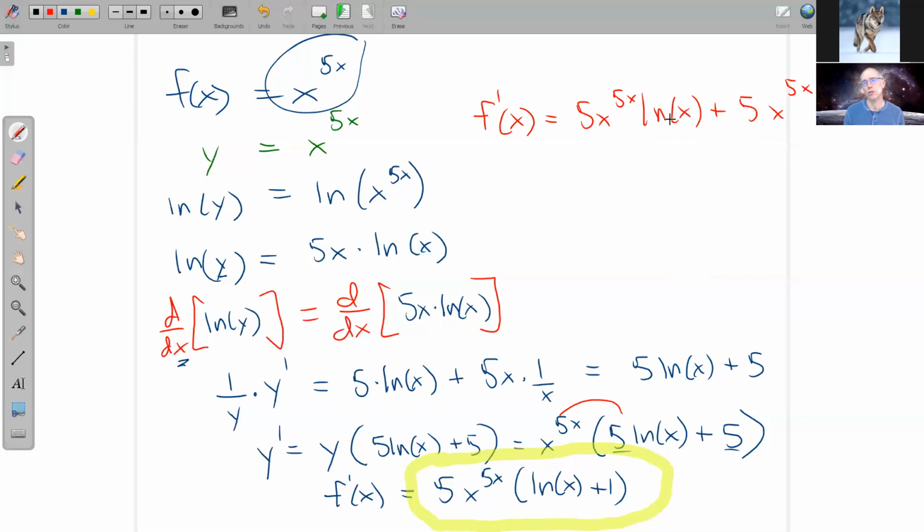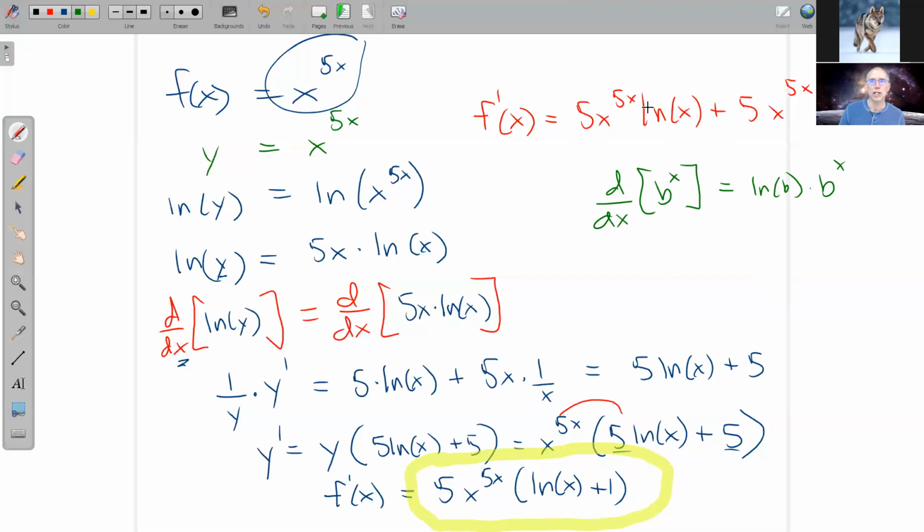And then the whole natural log of x times x to the 5x is related to the rule about bases other than e. So remember, the derivative with respect to x of any base b to the power x is equal to the natural log of b times b to the x. So that's the general exponential rule there.